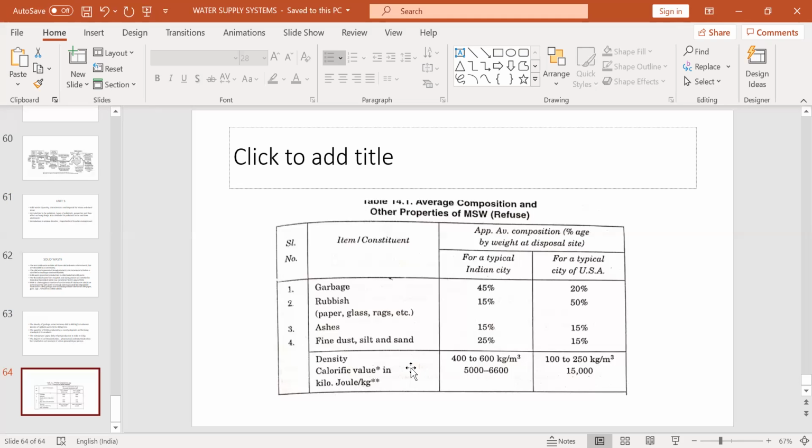Huge pieces of land are allotted just to manage this solid waste, and that is called a landfill. This is about the collection.